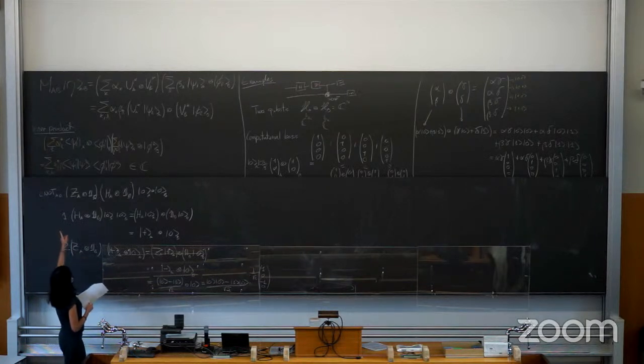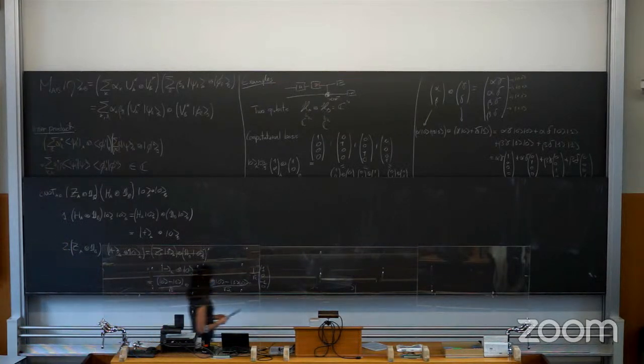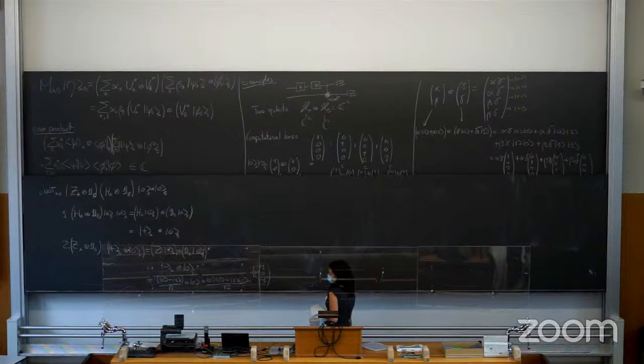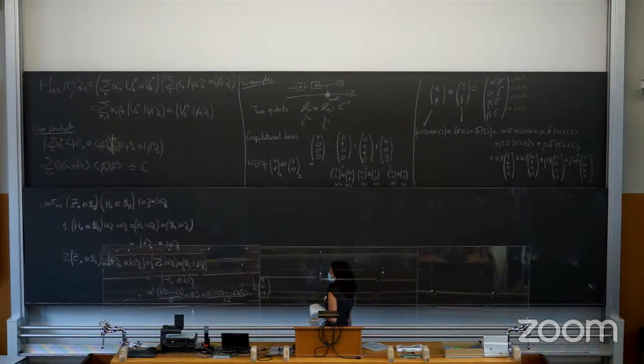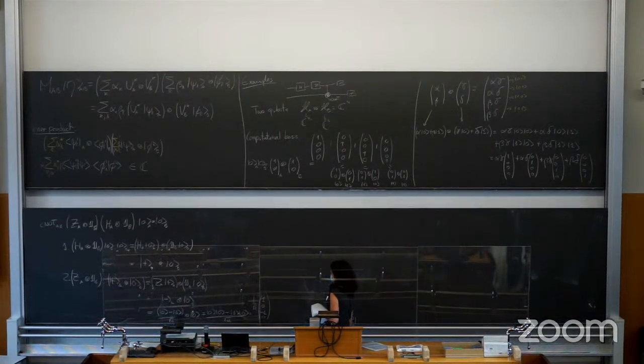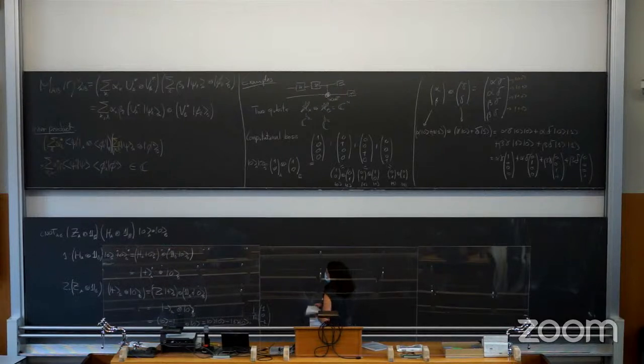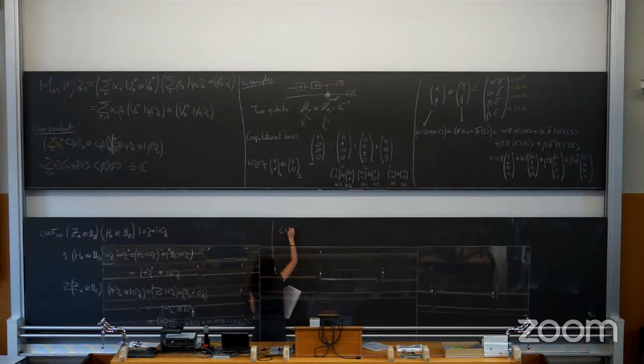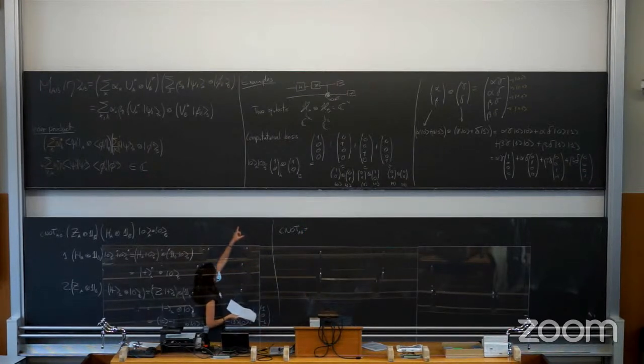Now comes the C0 gate. I'll bring this down a bit. What is a C0? The specific thing here is that it's controlled on the first qubit and acting on the second qubit.